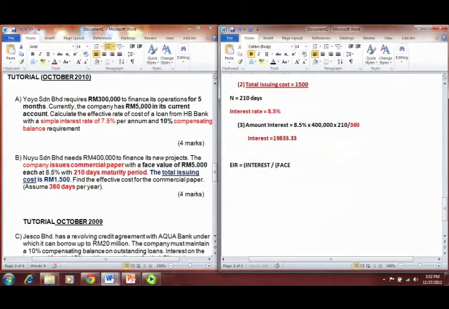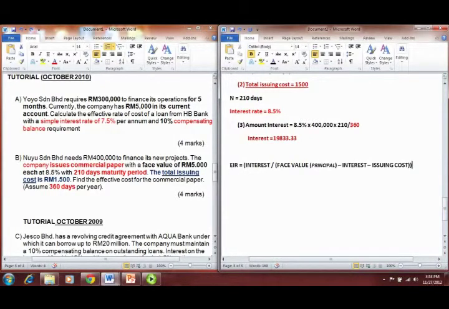Class, please remember your formula. Face value is also known as your principal, minus your interest, minus issuing cost.